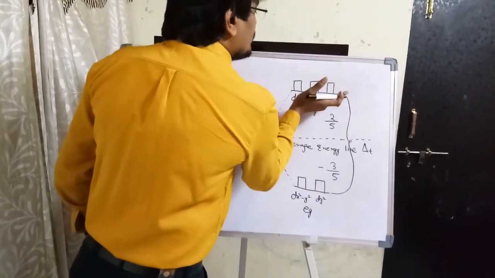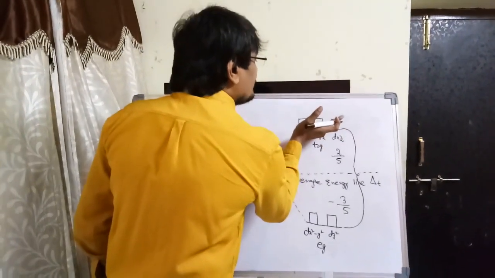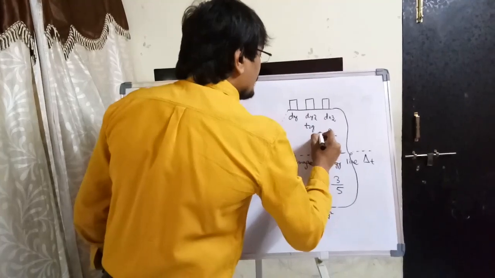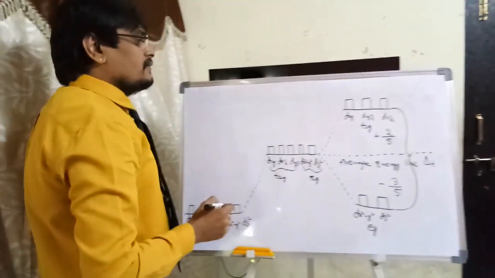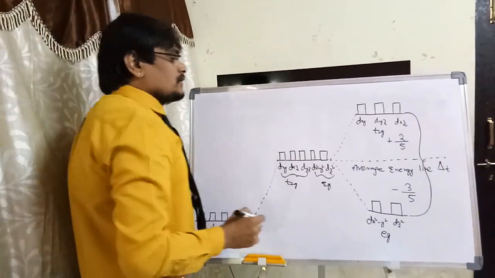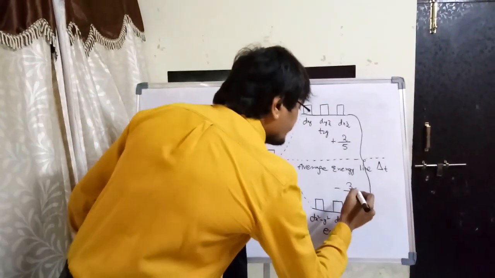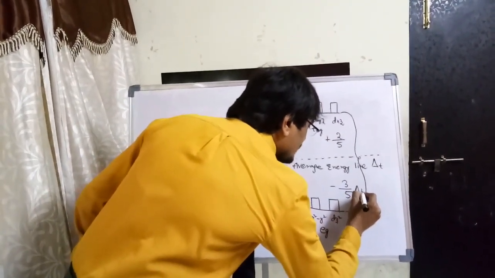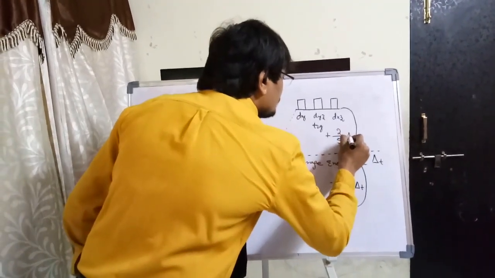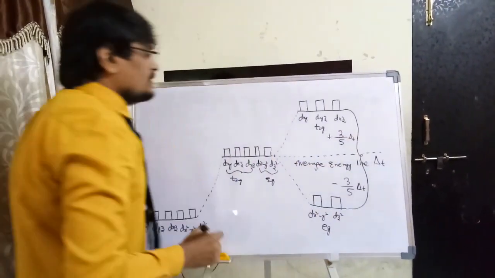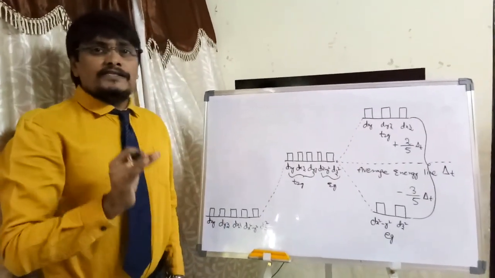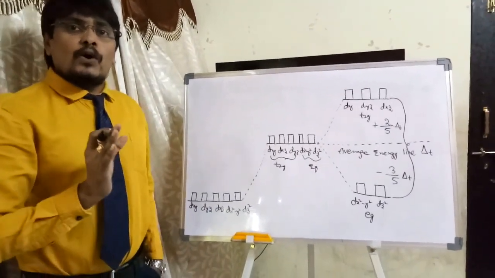And what is happening to the energy of these 3? It is increasing, so it is denoted by a positive sign. So this is the crystal field splitting in our tetrahedral complex. This is delta T and this is delta. So this is about the crystal field splitting in tetrahedral complex.